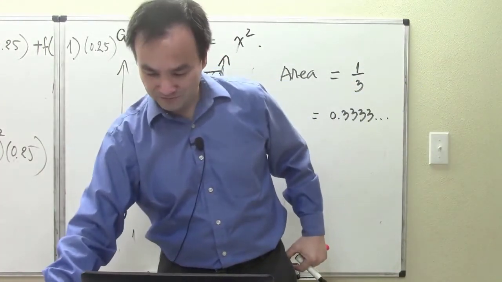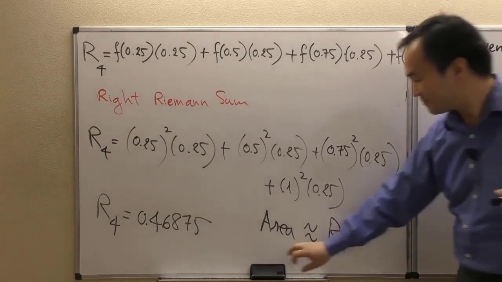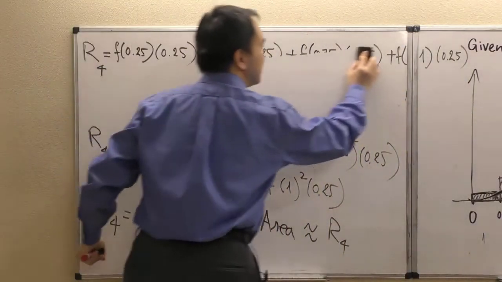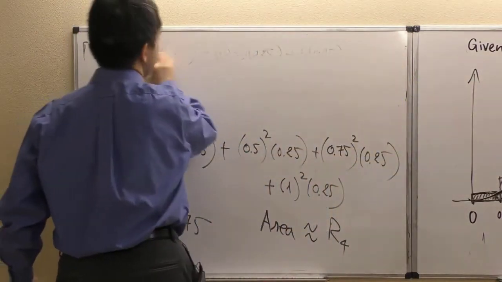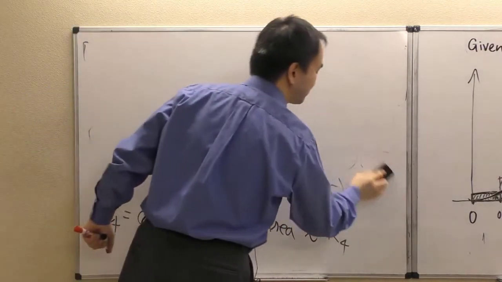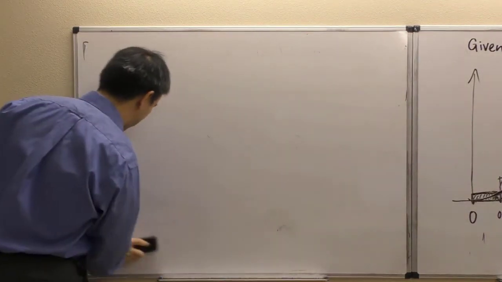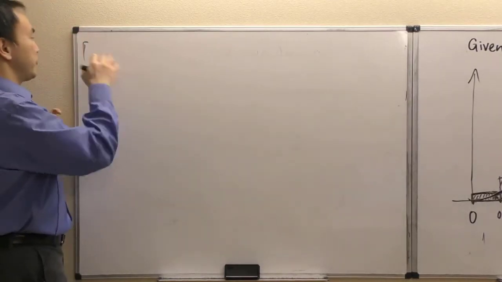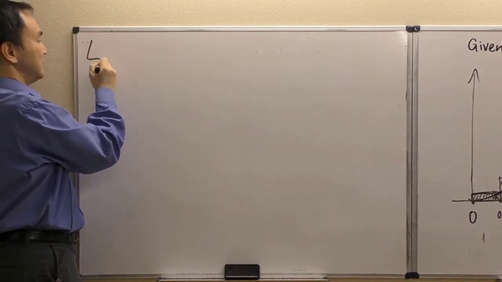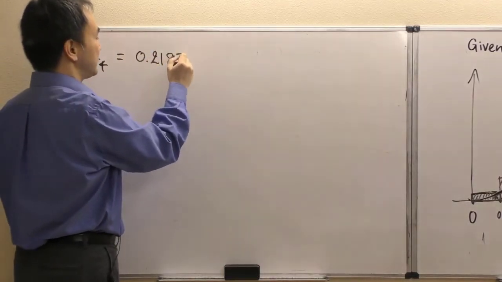the left endpoint rule. So now let me head on to the other board of mine right there. For the left endpoint rule, I found only, again, according to the calculation we have had earlier, 0.21875.